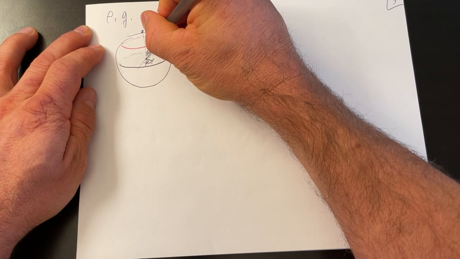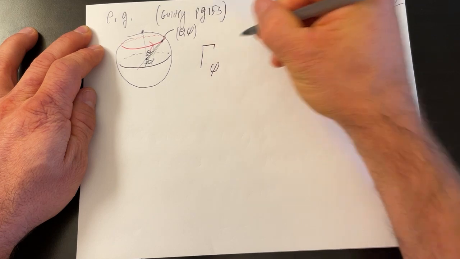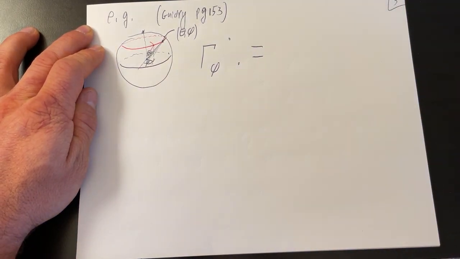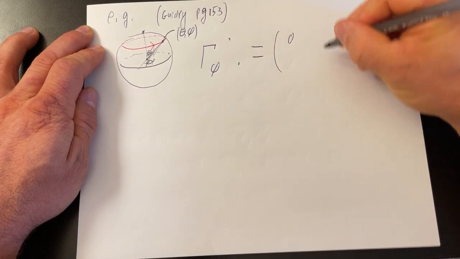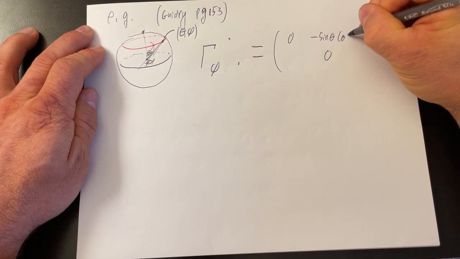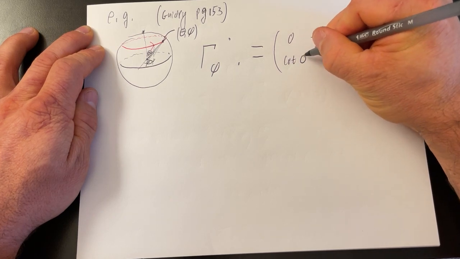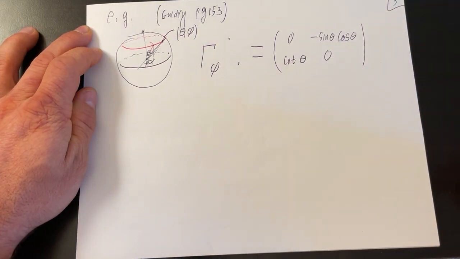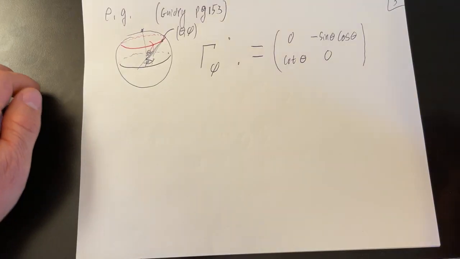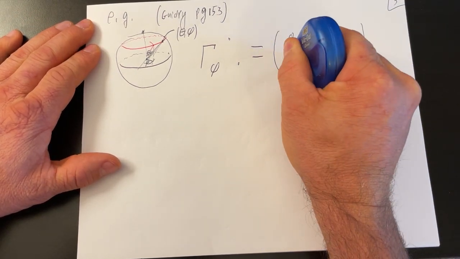In the direction of increasing phi, Guidry tells us that our matrix has the following components. And I'm going to erase that cotangent just so we can get started with the expression that's good for calculation. Cotangent is cosine over sine.